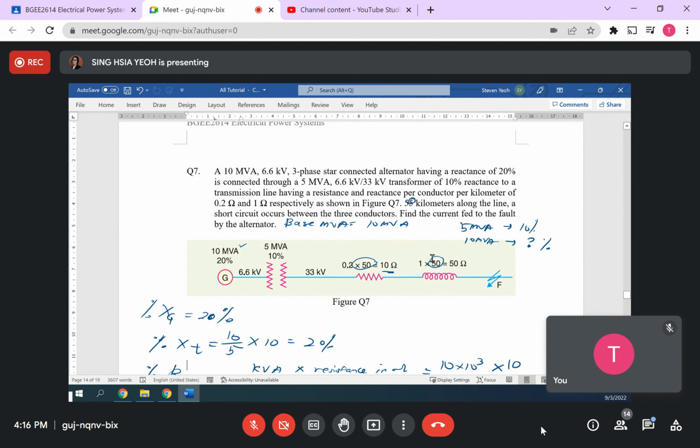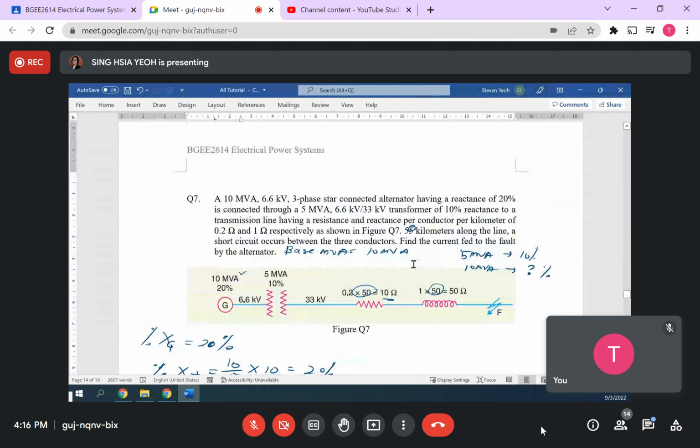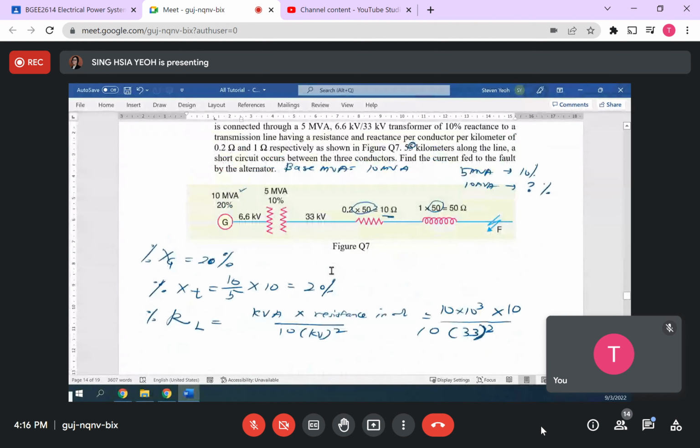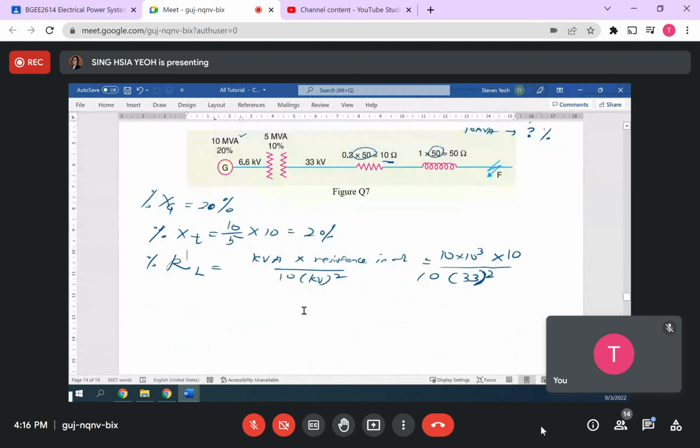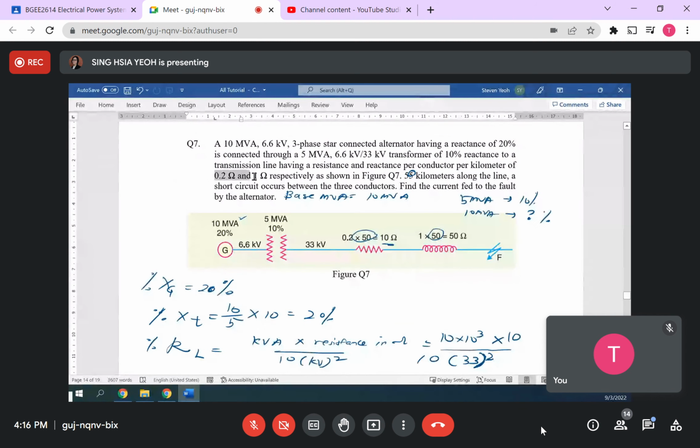So you really multiply with 50 kilometer. There are a lot of mistakes in this question. I'm so sorry. That's why you substitute 10 ohm. Given is 0.2 ohm. Multiply with 50, then you get 10 ohm.